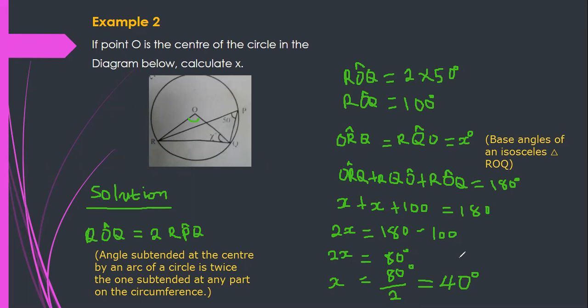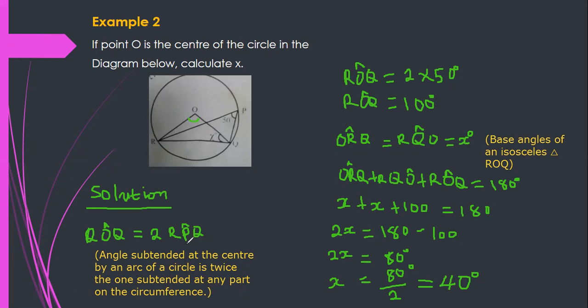So this is very simple to calculate. Once you understand the theorems, the calculation will be very easy for you to do. So let me take time again to explain. We have to find the value of this x in this diagram, and then we have triangle ROQ. This angle ROQ is equal to 2 multiplied by RPQ.